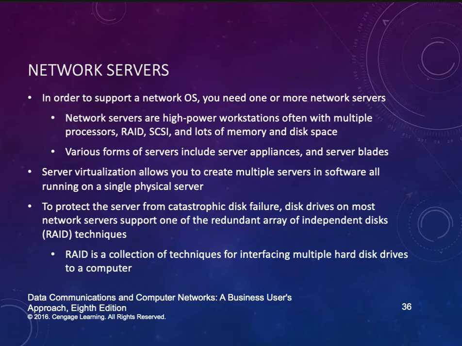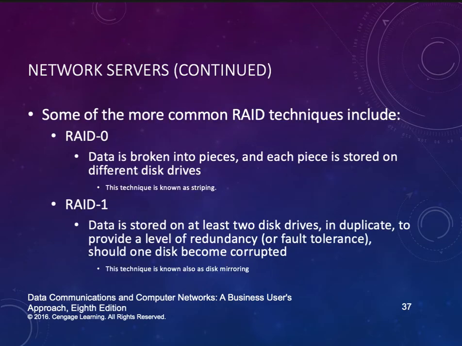Okay. Some of the RAID levels we have: zero, which breaks data into pieces, okay, known as striping. Okay. RAID 1, where you have at least two disk drives, duplication, redundancy. Should one be corrupted, we have a mirror image on the other set.